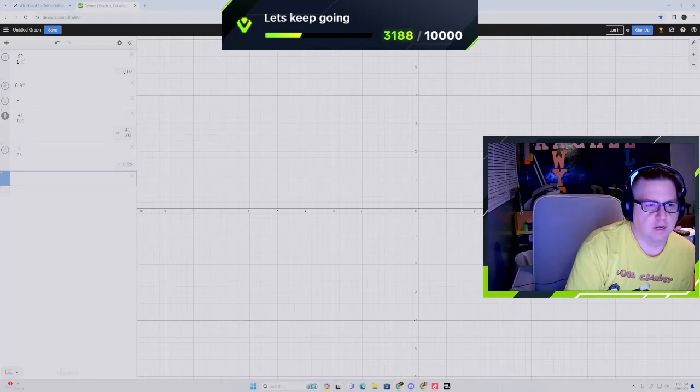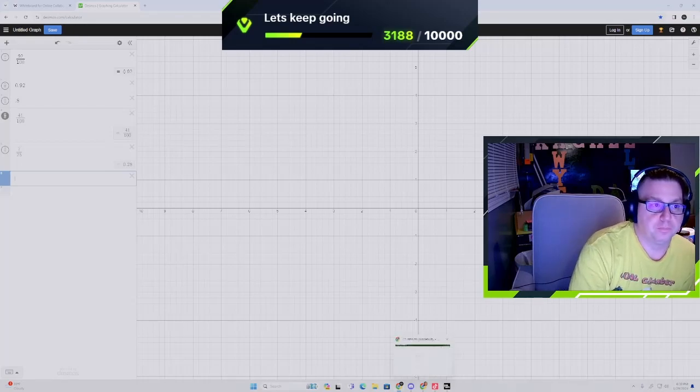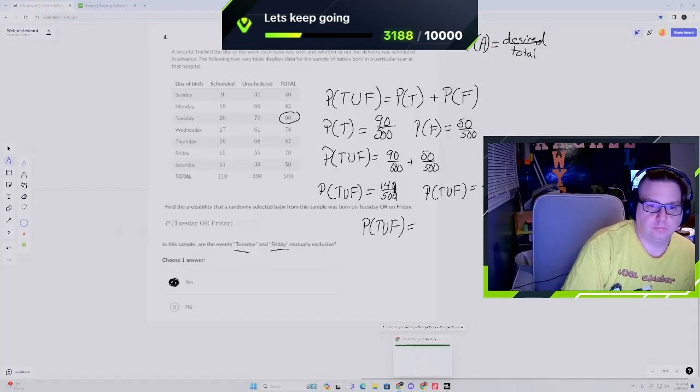And you can see it's going to give us 0.28 as our answer. 0.28. And then if we move it 2 spots to the right to make it a percentage, our last thing we're going to look at is 28%.